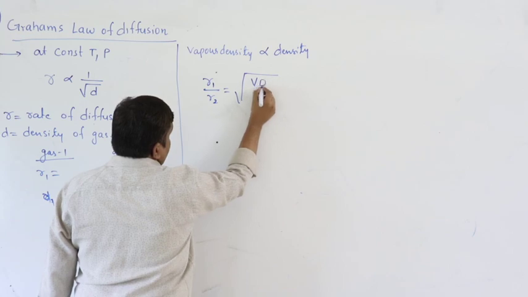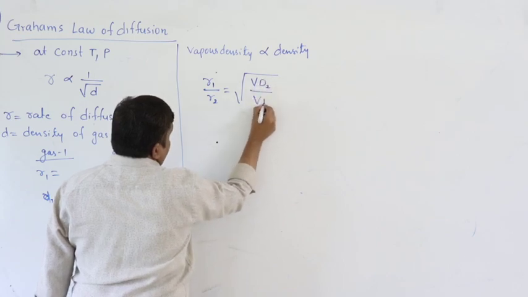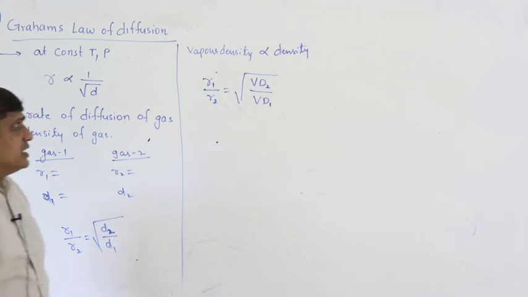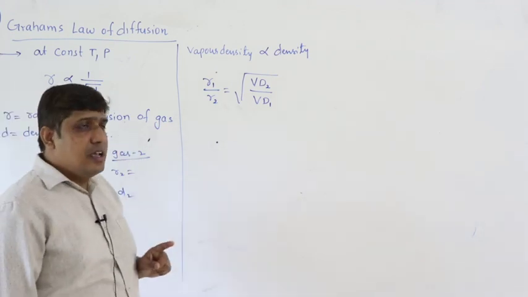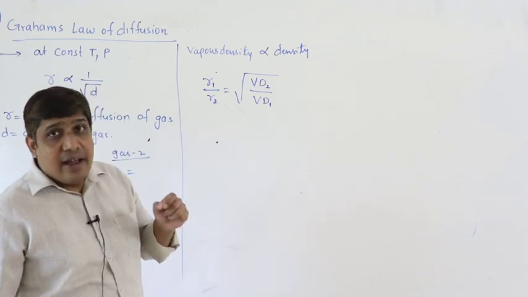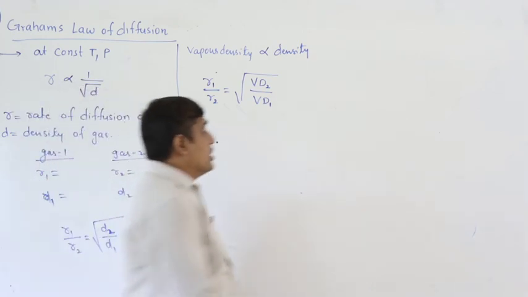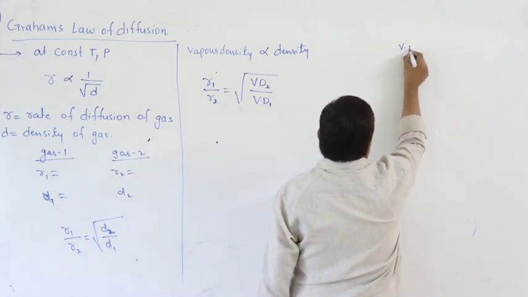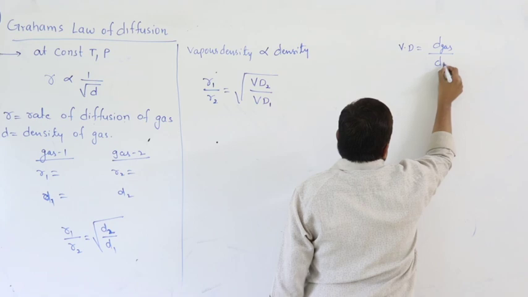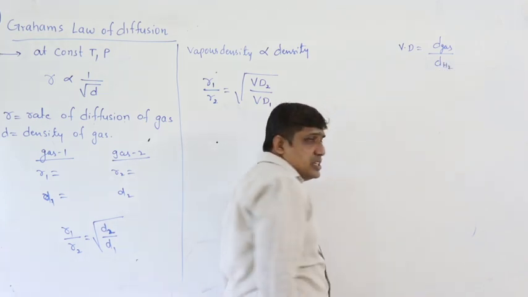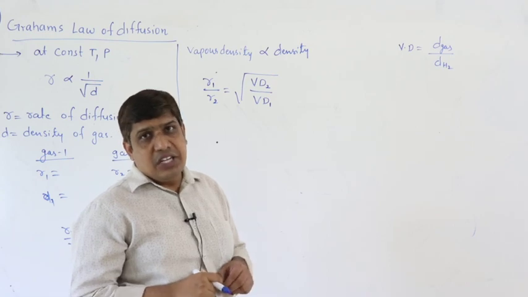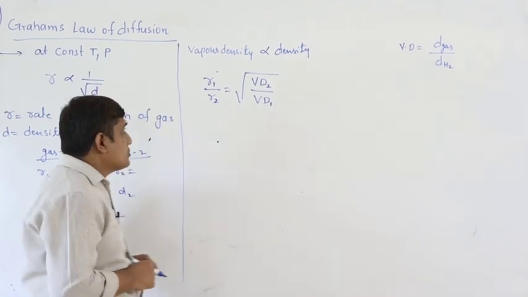Vapor density of gas 2 by vapor density of gas 1. Once again, vapor density is a relative density, the ratio of density of the gas to density of hydrogen. Since it is a ratio of densities, we call it relative density or vapor density.